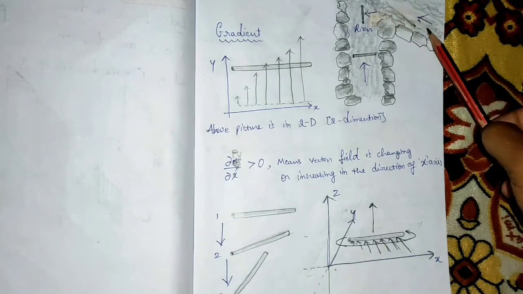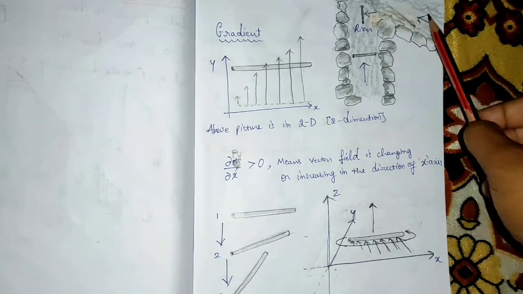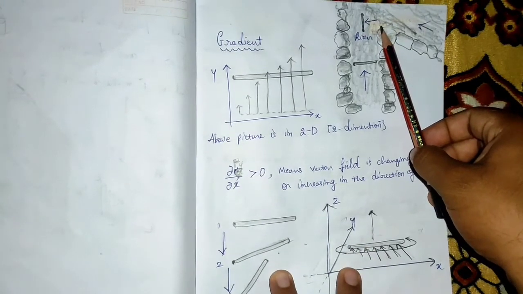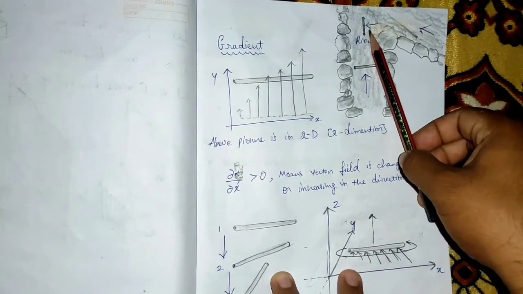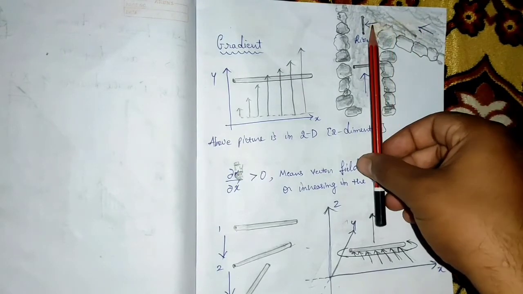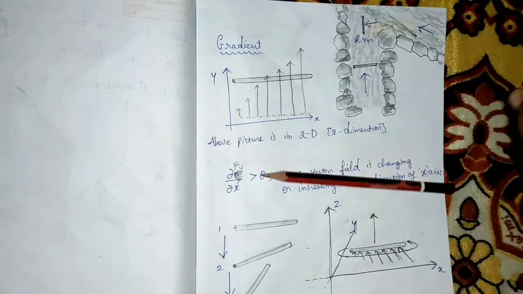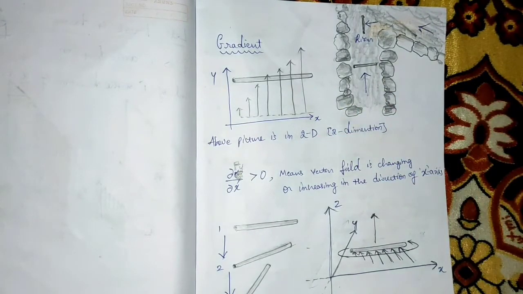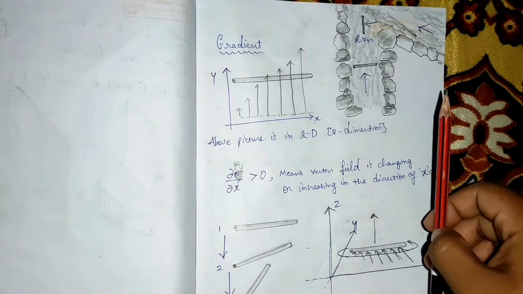At this point the water is flowing low, at this point water is flowing high. Because of that gradient, the stick will rotate another half. So now there will be one complete rotation, right?